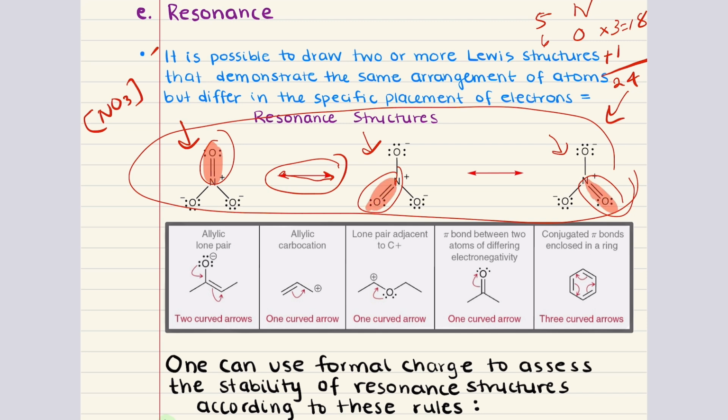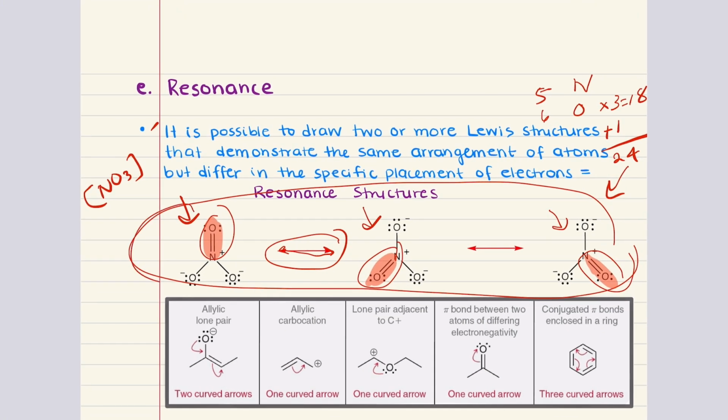The real NO3 minus molecule, the actual structure for it, is going to be a resonance hybrid, where the electrons are actually delocalized over the 3 oxygen atoms. Each NO bond here is identical and has a bond order that's actually between single and double, because the actual structure is going to look like a combination of all 3 of these.